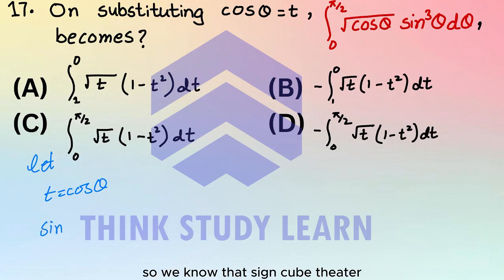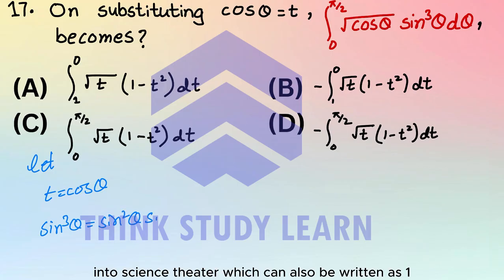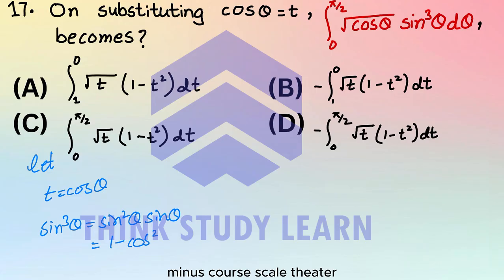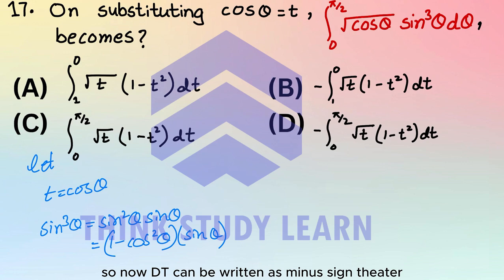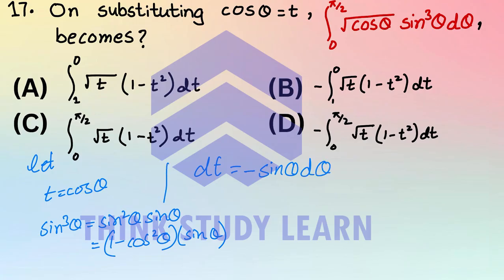We know that sine cube theta can be written as sine square theta into sine theta, which can also be written as 1 minus cos square theta into sine theta. So now dt can be written as minus sine theta d theta.